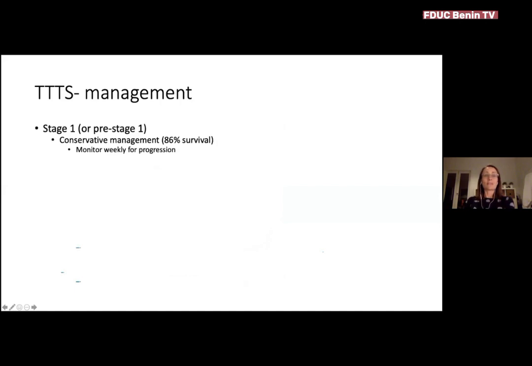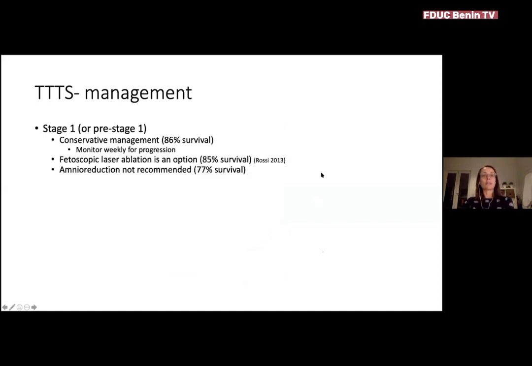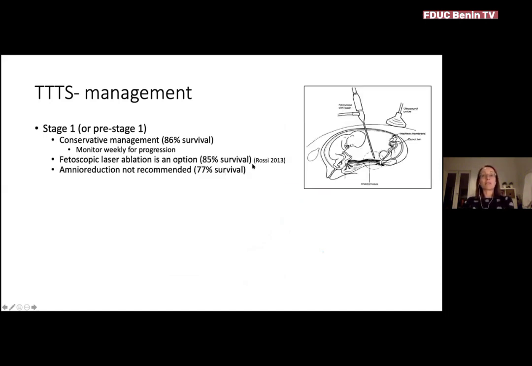So again, I've just briefly tried to cover management, which you could talk for hours about. But stage 1 or even pre-stage 1 twin-twin transfusion syndrome can be managed quite successfully with conservative management, so just monitoring for weekly progression, and has a fairly good survival rate. But we know that the survival rate is pretty similar with fetoscopic laser ablation, if that's an option.